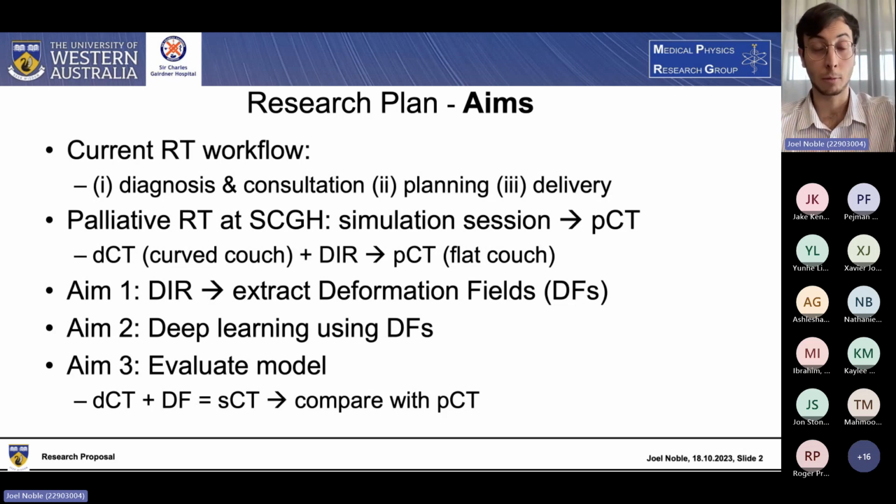So to achieve this, the three overarching aims are to perform deformable image registration and extract the deformation fields resulting from that, and then perform deep learning using these deformation fields as the ground truth data set, and then evaluating this model. And that will involve applying the produced deformation fields to test case diagnostic CTs and comparing the synthetic CT with the original planning CTs.